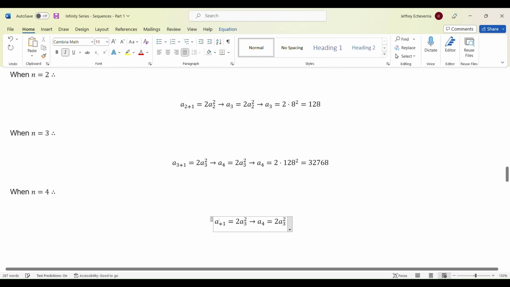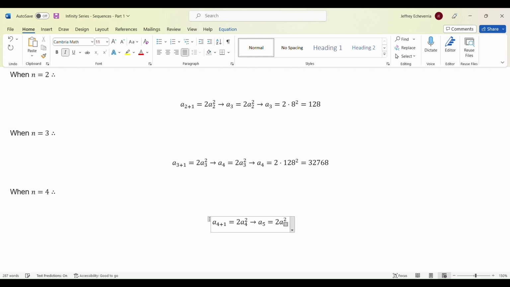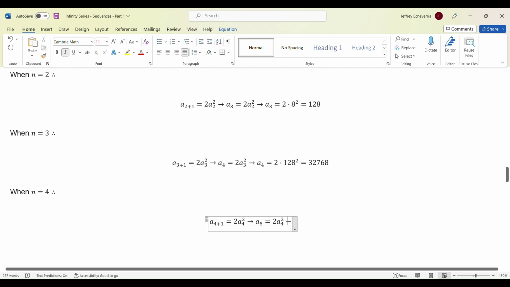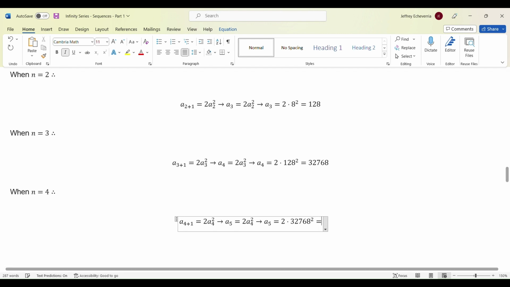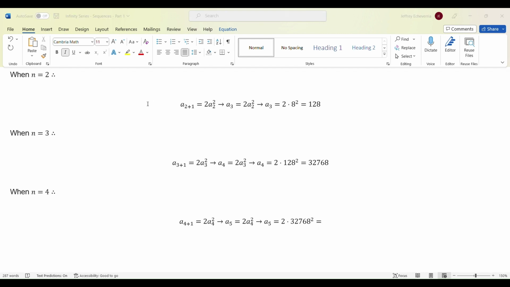So this becomes a 4, this becomes a 4, whoops, close, and that becomes a 5, and that becomes a 4, which makes a sub 5 equals 2 c dot 32,768 squared. Oof, that will be a huge number. We'll see what that gives us. And then we times that by 2.